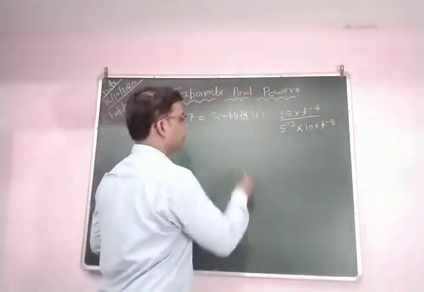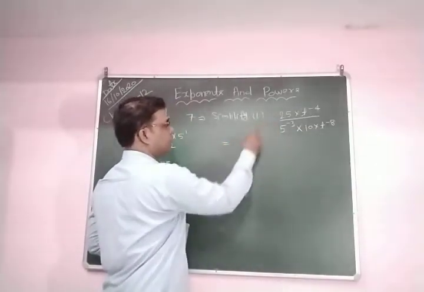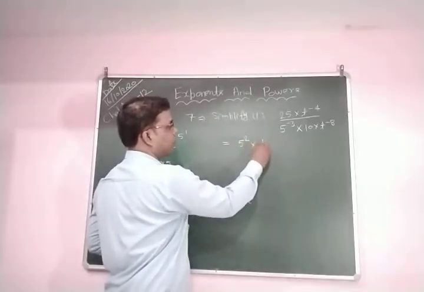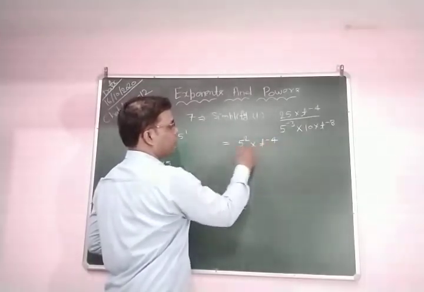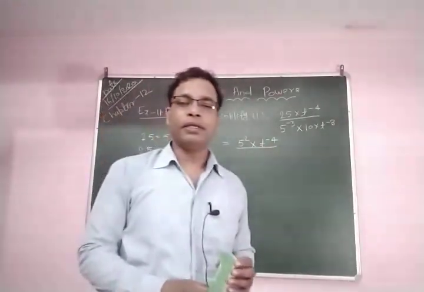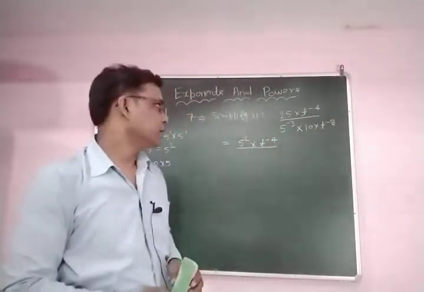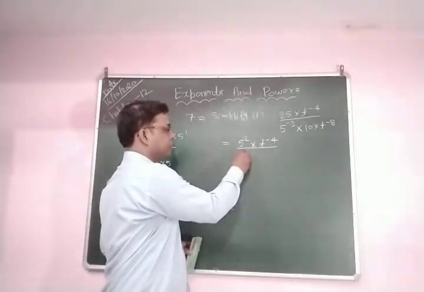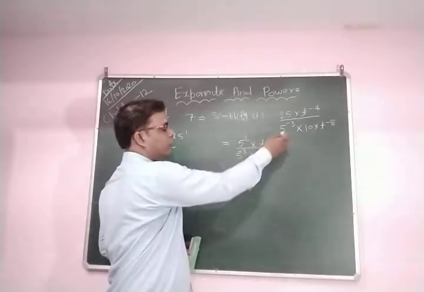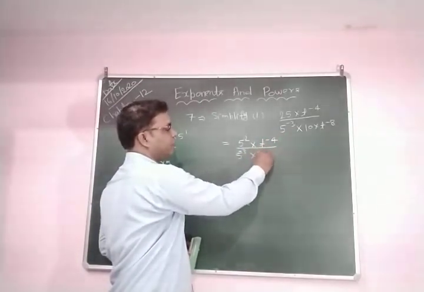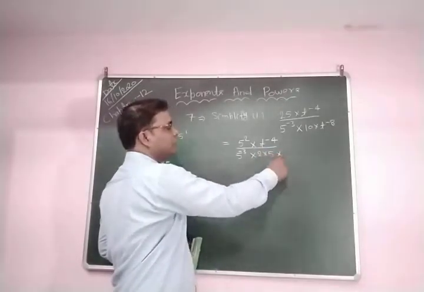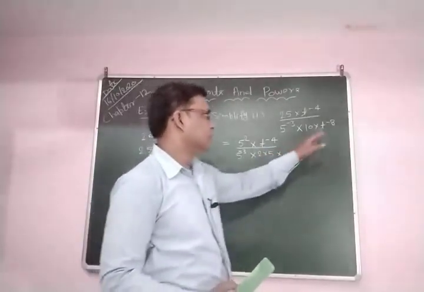You can write here 25 becomes 5 power 2 into t power minus 4, divided by 5 power minus 3 into 10, which is 2 into 5, into t power minus 8.